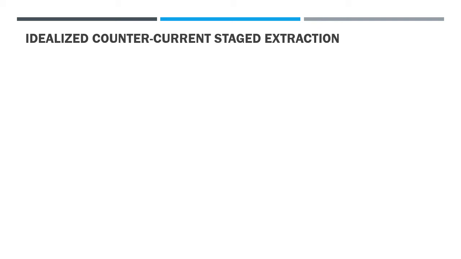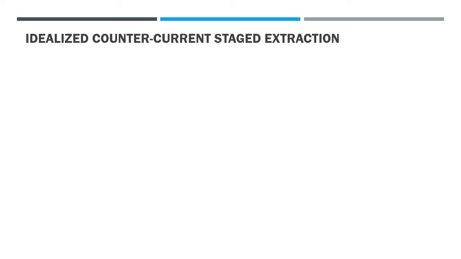Now we'll be discussing some idealized countercurrent stage extraction process. That means instead of using one stage or one step process, we can repeatedly do the same thing. So there is a continuous flow of the heavy liquid phase and the light phase.